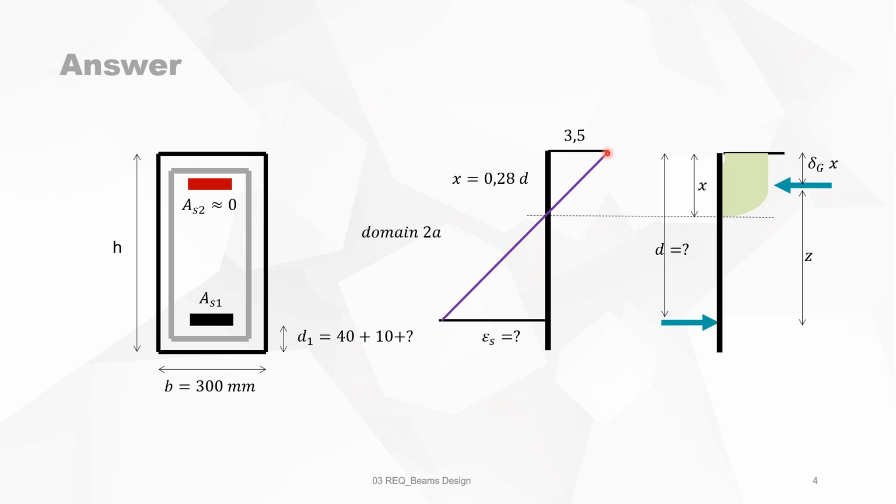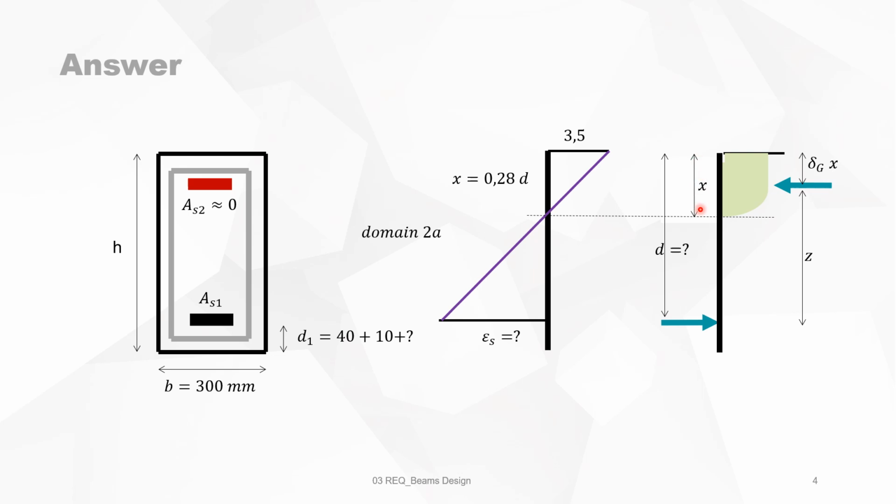We know the compression strain at the top, which is 3.5 per mil. But at this moment we do not know the strain or the stress in the reinforcement. Corresponding stresses, this is for the concrete compressive strength.